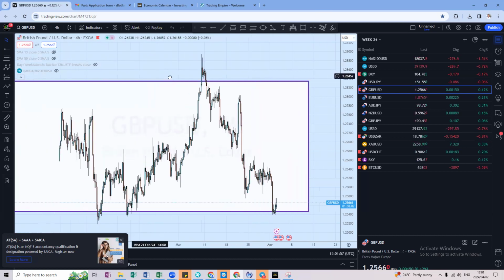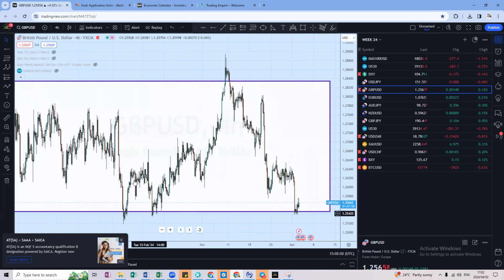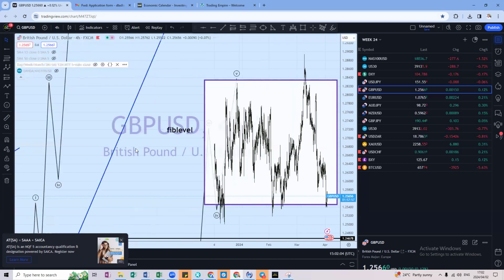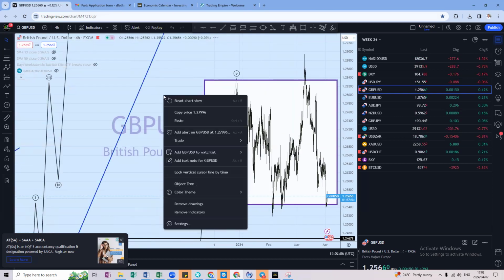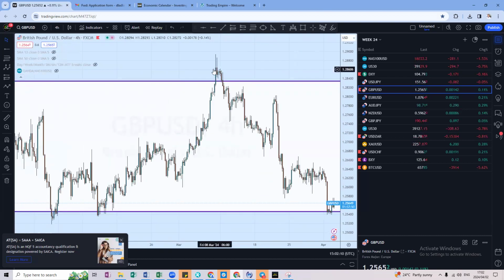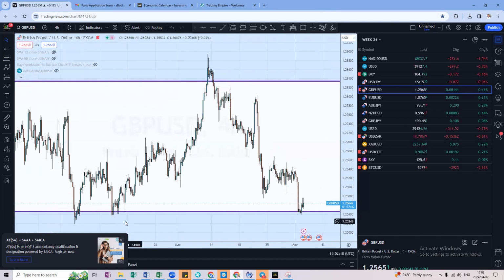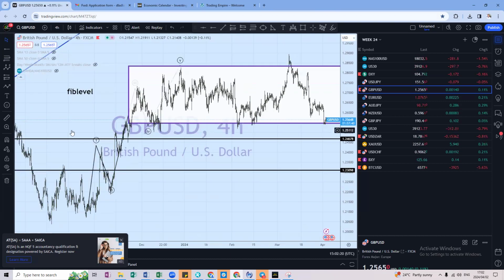So right now I'm looking for a buy here. So I'm looking for my buy in the zone over here, right? On GBP USD.